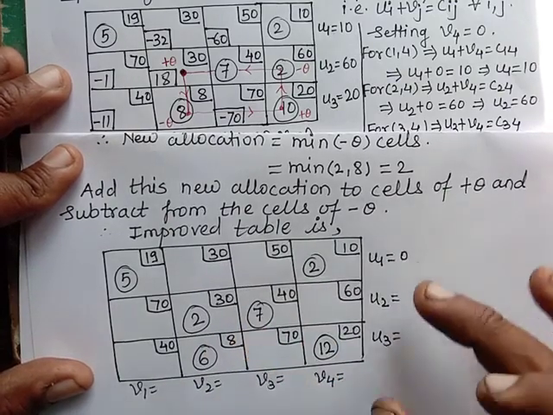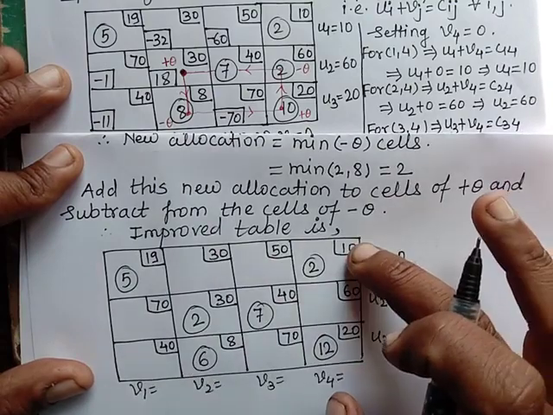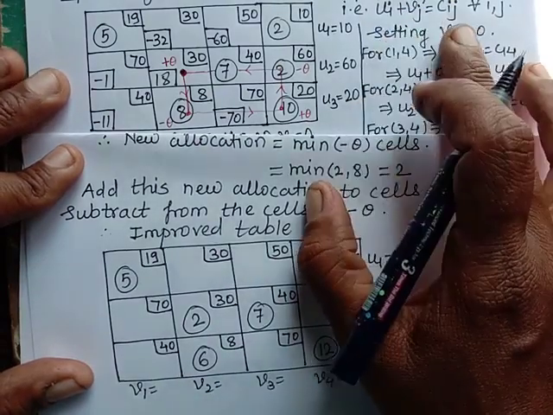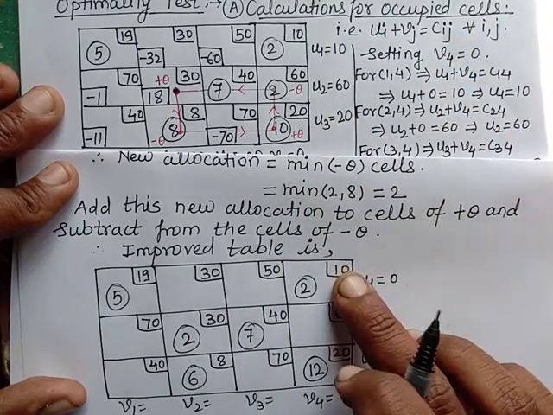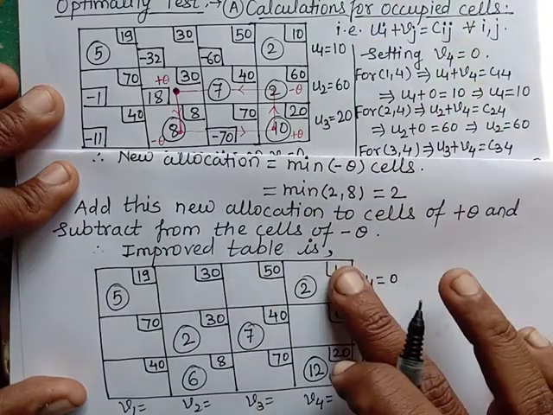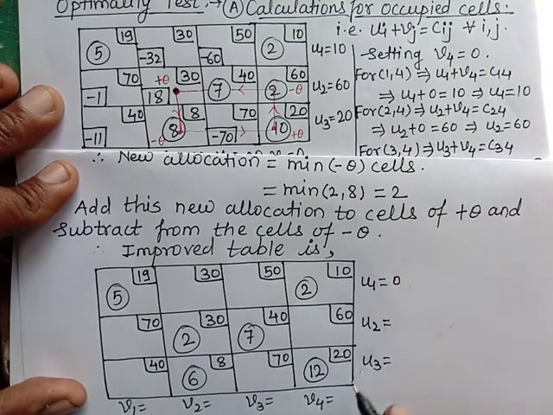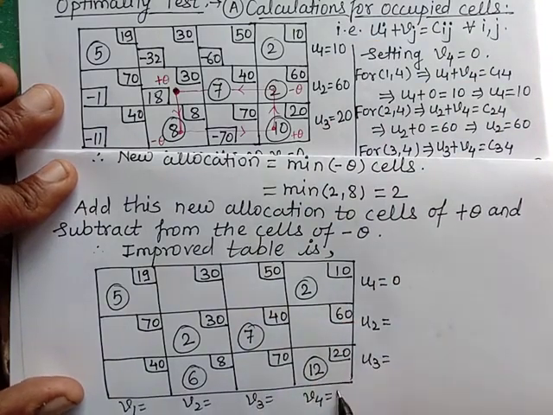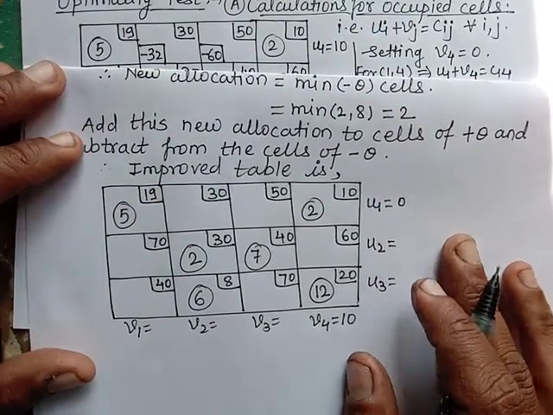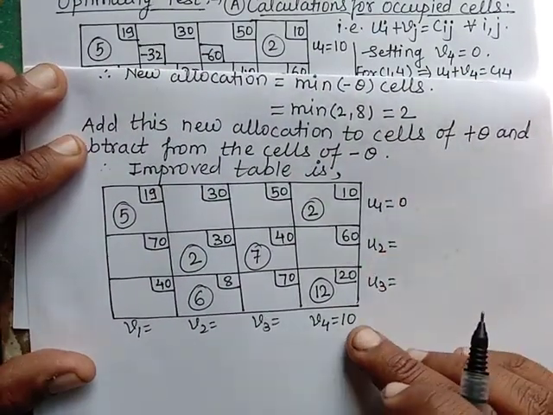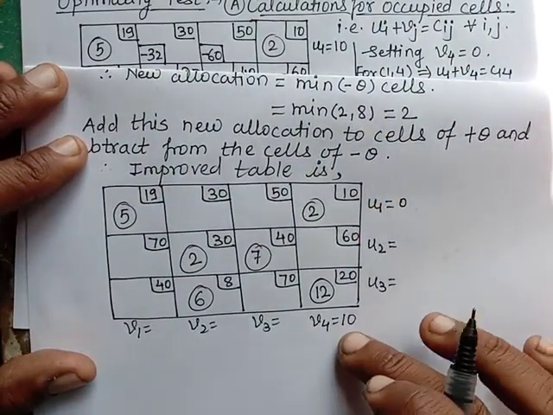You know the addition of these, ui plus vj, is equal to cij. So this addition of these two will be this cost. So 0 plus what will be 10? So here we will get 10.